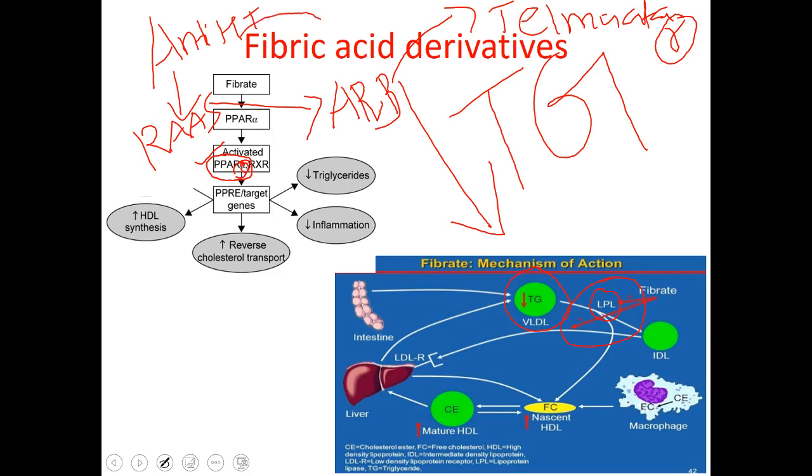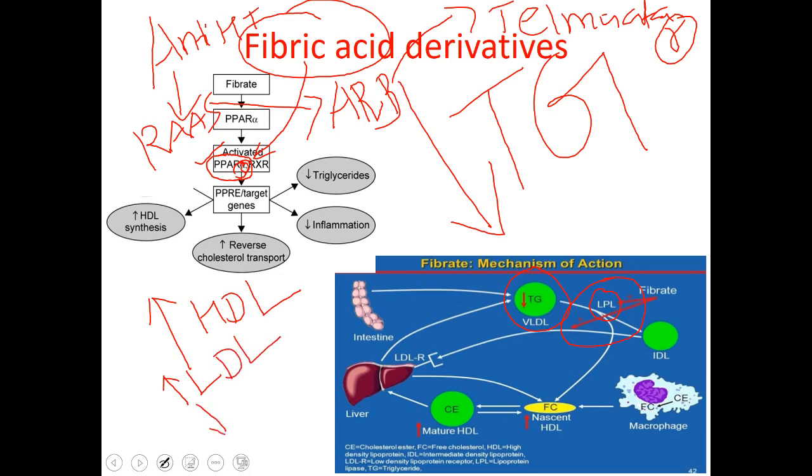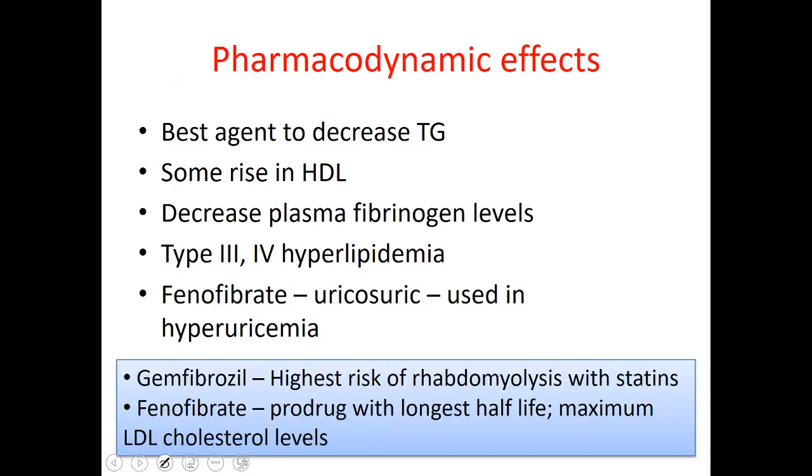So, fibric acid derivatives are activators of PPAR alpha, which again gives it an additional activity of increased HDL, and some studies say there is increased LDL, some studies do support its effect on lowering LDL cholesterol. But if I say triglyceride, the first point that you should keep in mind is they are very good in reducing triglycerides.